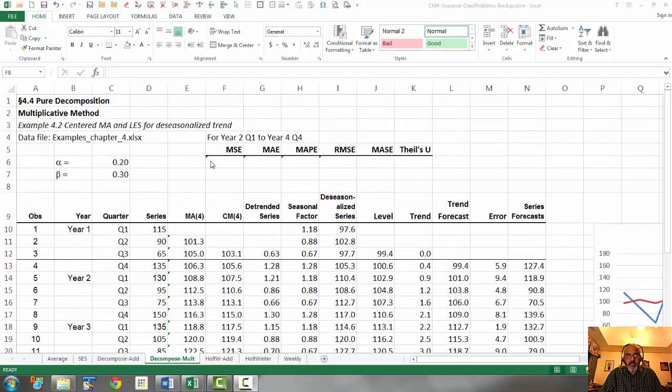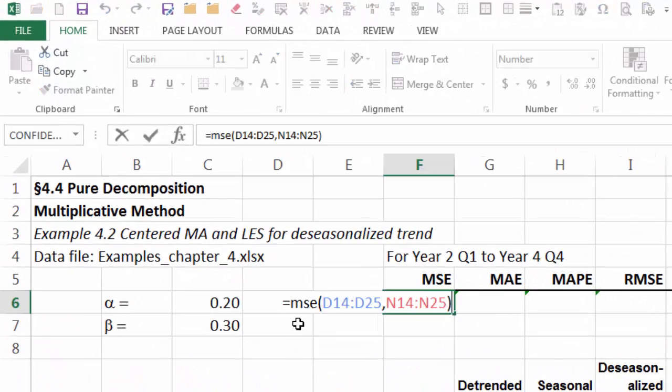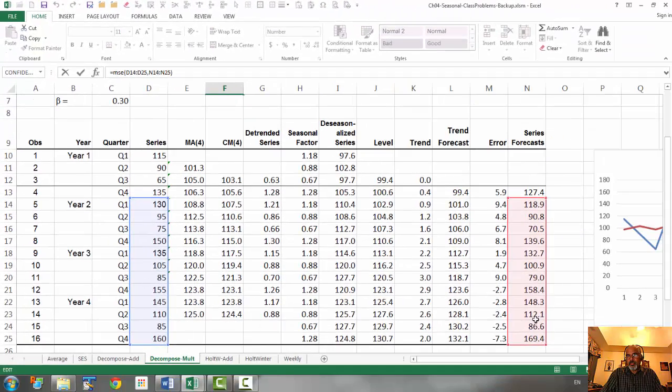Okay, now let's set up the error measures. We're going to do this from observation 5 through 16, so year 2, quarter 1 through year 4, quarter 4. So first is MSE, actual values and the series forecast.